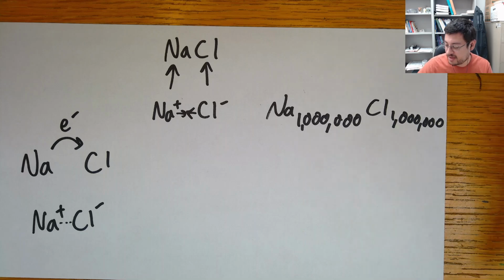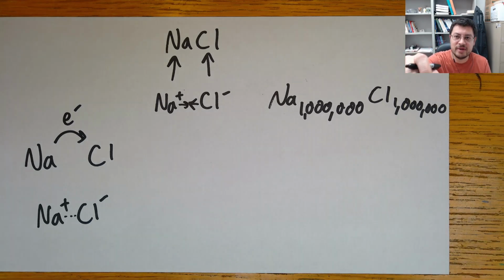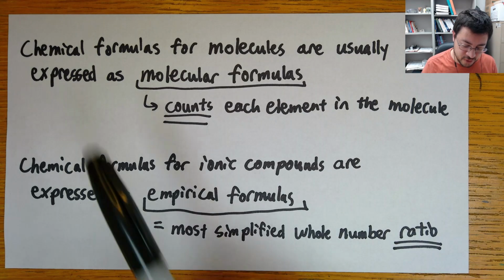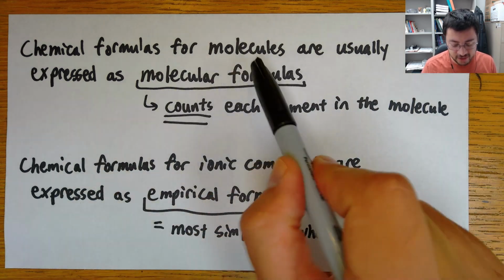The idea is that when it comes to ionic compounds, rather than expressing an actual count of atoms, what we do instead is express things in the lowest whole number ratio possible. So here's the summary. Chemical formulas for molecules, like water, are usually expressed as molecular formulas.